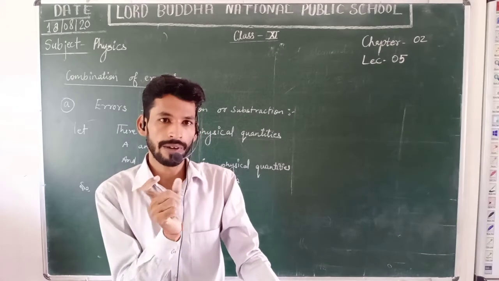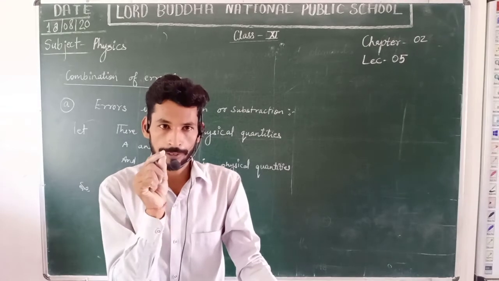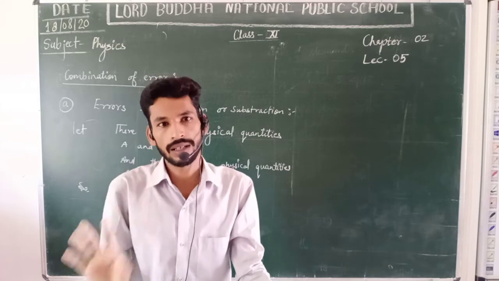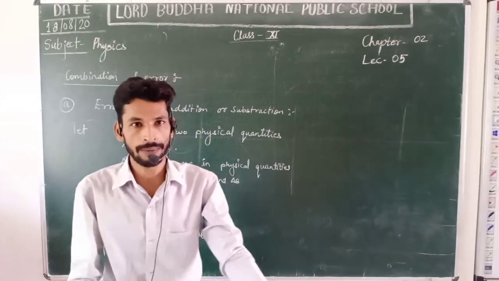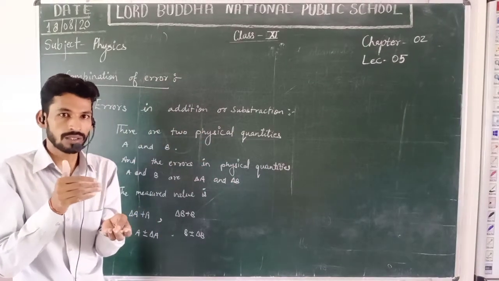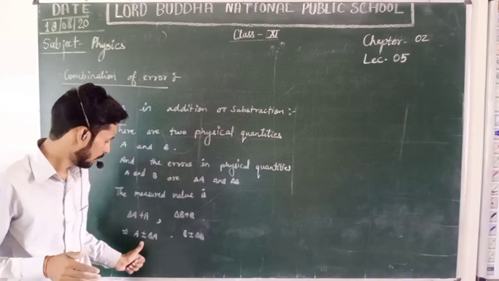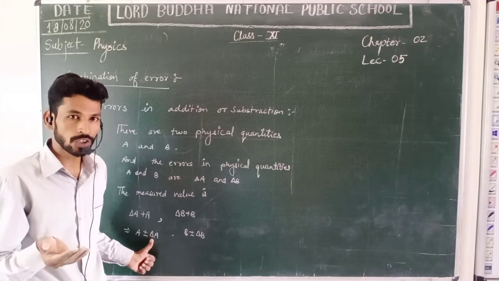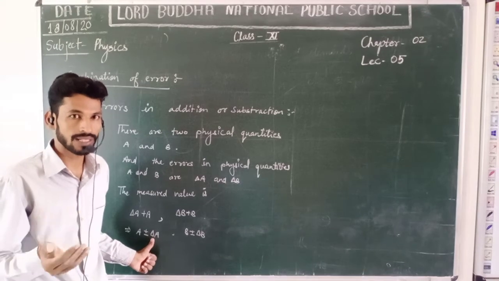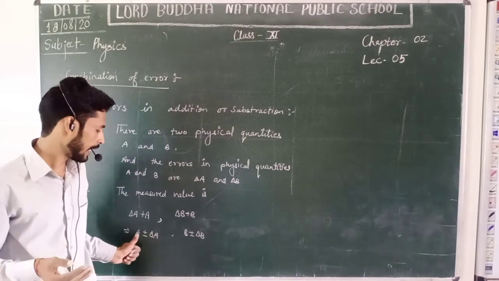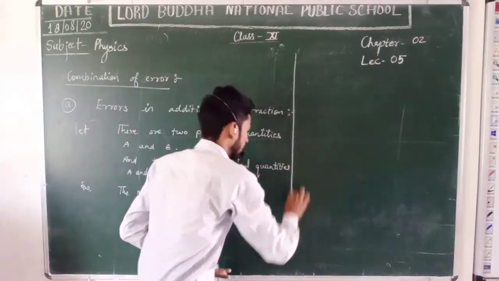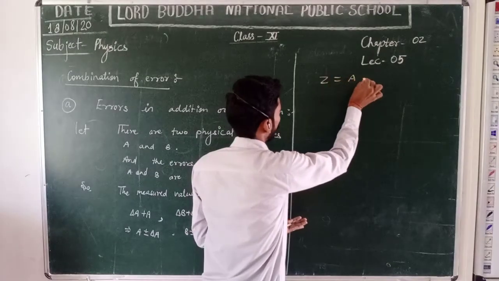That means the value can be lower than 1 meter or greater than 1 meter. When it is decreased, lower than the actual value, we write A minus delta A. When it is increased, we write A plus delta A.